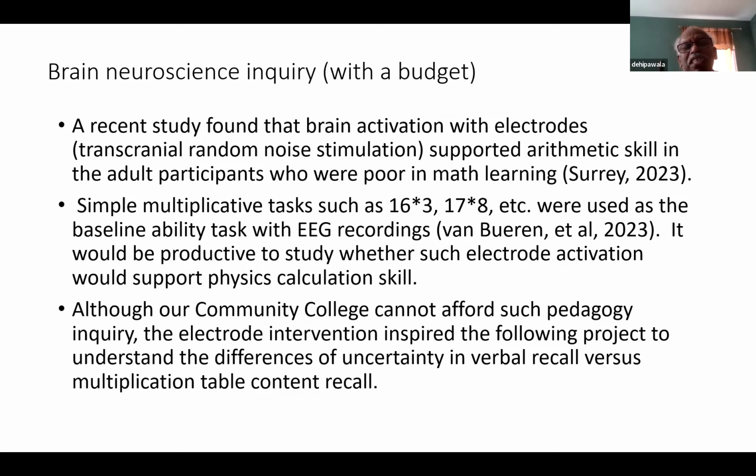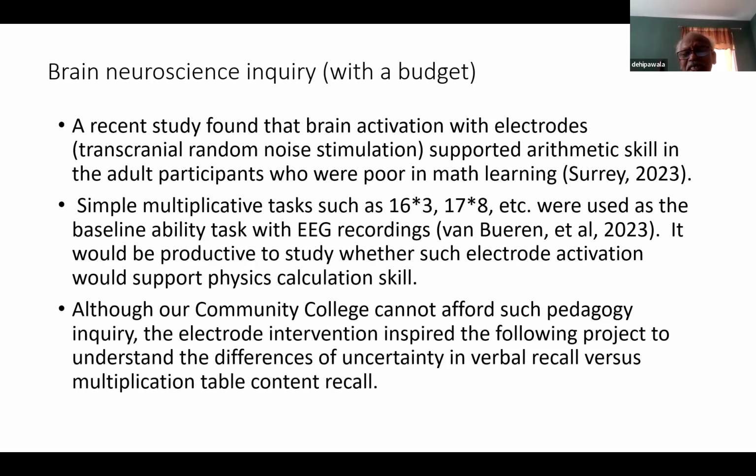In brain neuroscience inquiry, a recent study found brain activation with electrode-supported arithmetic for adult participants who were poor in math learning. Simple operations such as 16 times 3 or 17 times 2 were used for these studies.